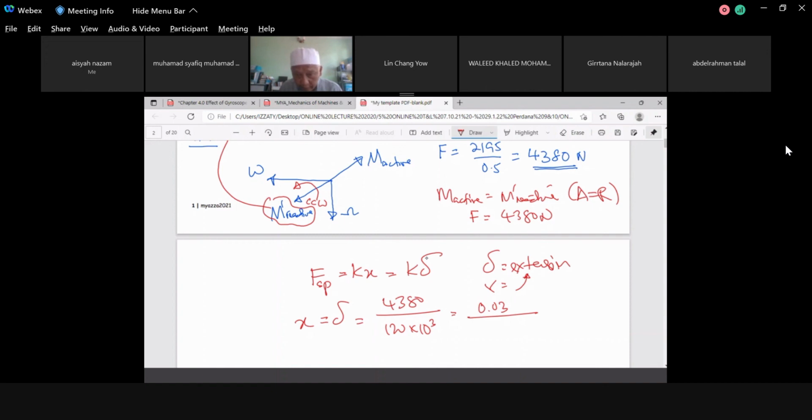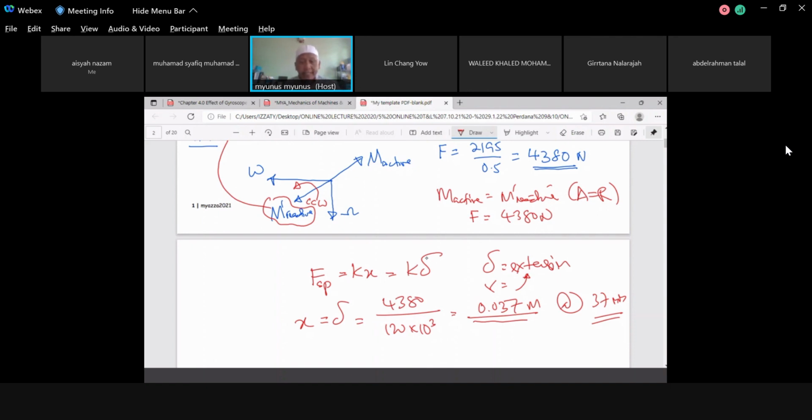Equivalent to 37 millimeter. Oh yeah, Doctor, by the way, the 4380 is... Sorry? 4390. No, it doesn't matter. You can calculate it on your own as long as you know how to get it, isn't it? So assuming the number is correct.